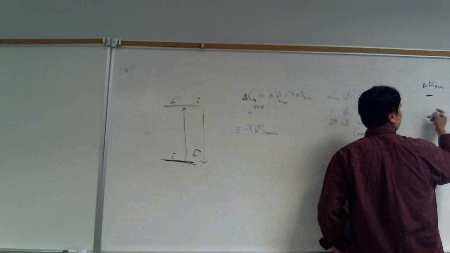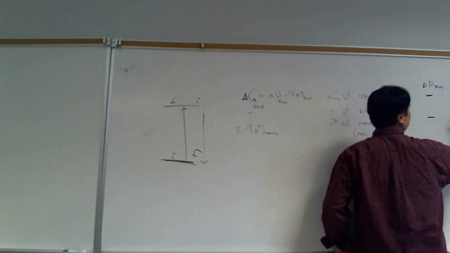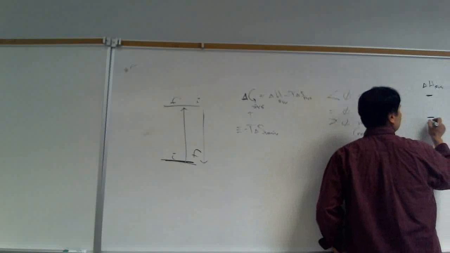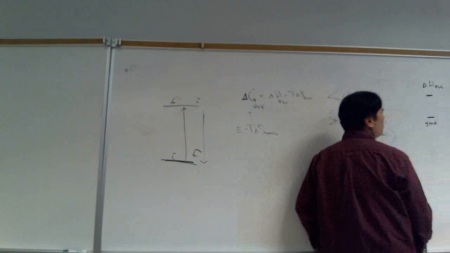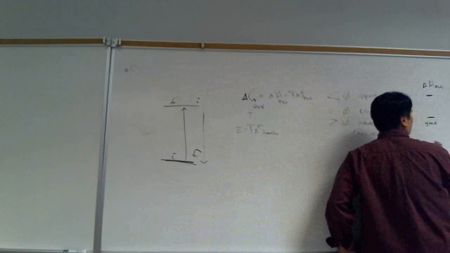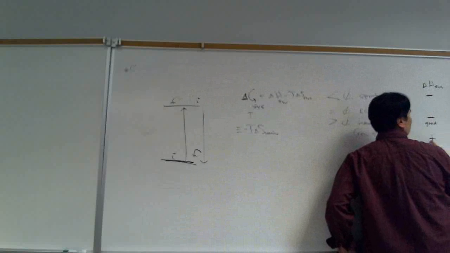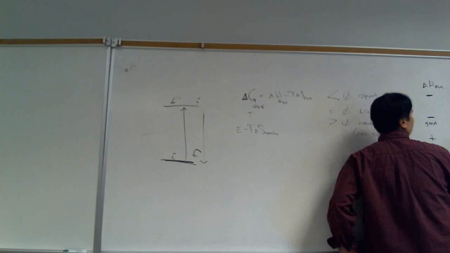But let's say the energy is decreasing, but the entropy is also decreasing. This is good, but this is bad, so there's a question mark here. Versus if the energy is increasing for the system, that's bad, but if the entropy is also increasing, that's good.